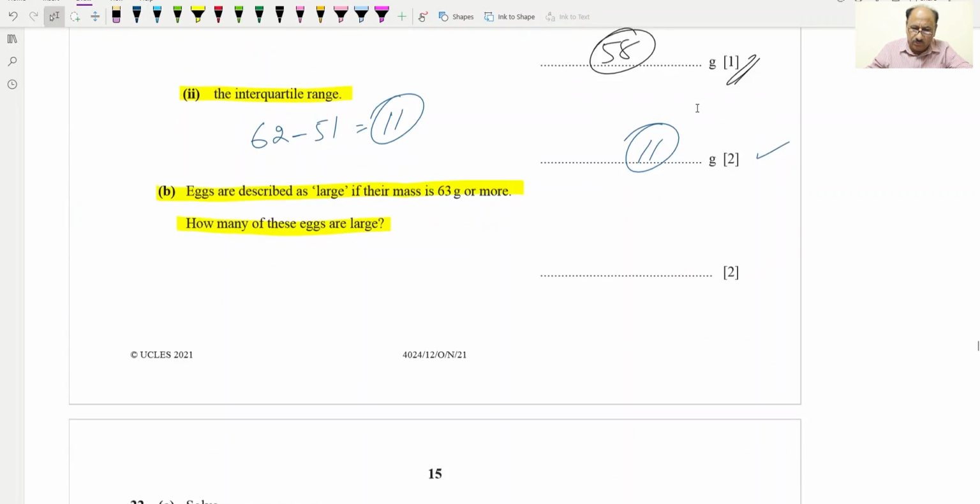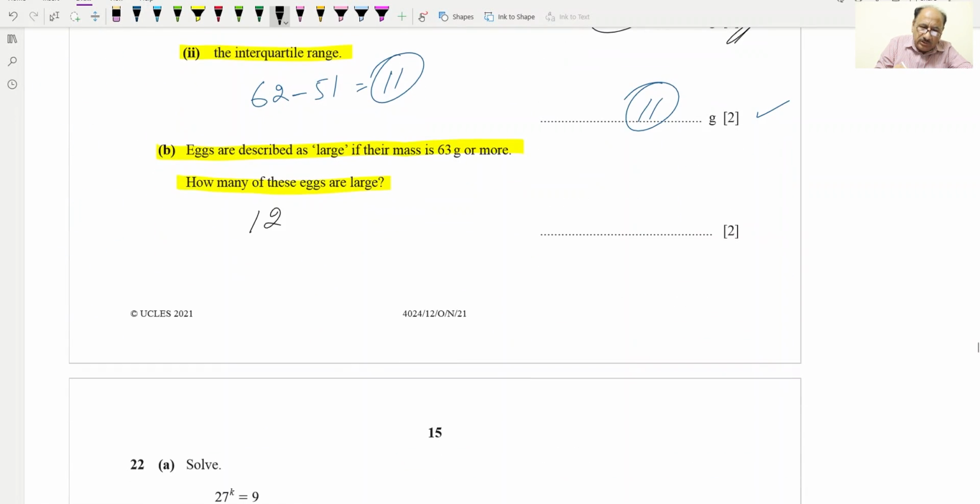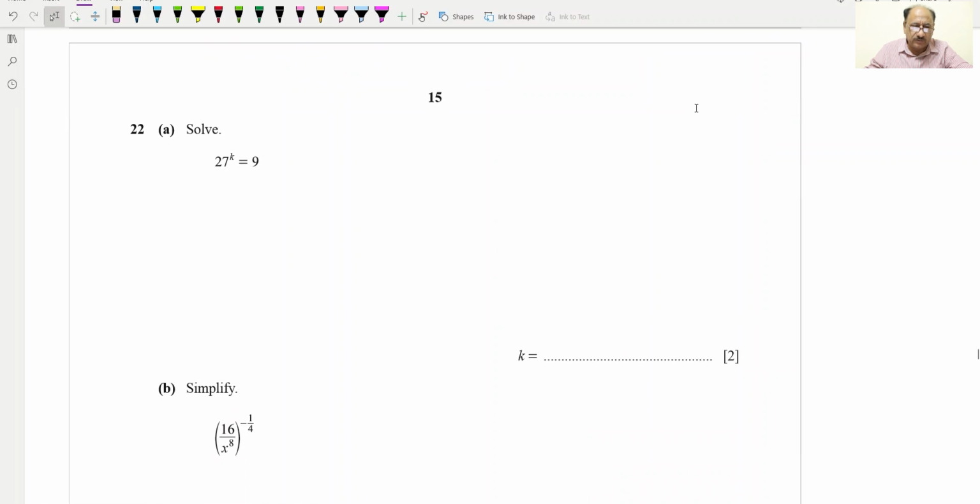This is what we need to write, 120 minus 98. So it will be 22, and 22 will be answer for this 2 marks. Hopefully you understood this. Question number 22. This is algebraic expression indices question, which we need to solve. So 27k is equal to 9. We can write 27 as what?